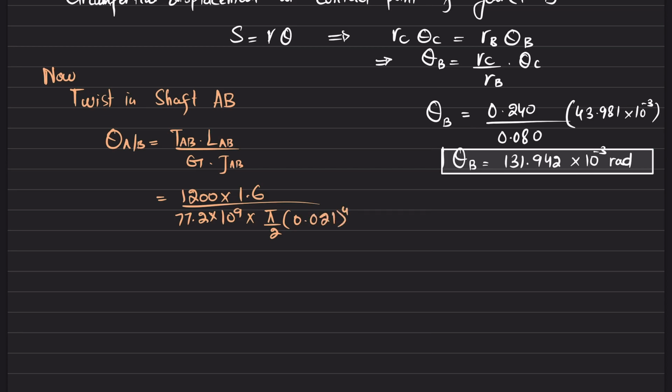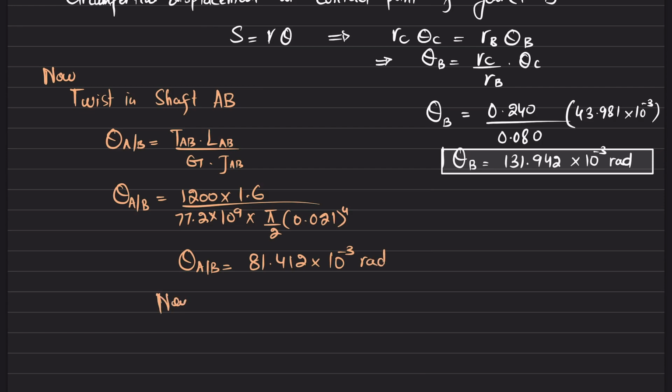0.021 power 4. So when you calculate it, you will get angle of twist of point A with respect to B will be equal to 81.412 into 10 raised to power minus 3 radian.